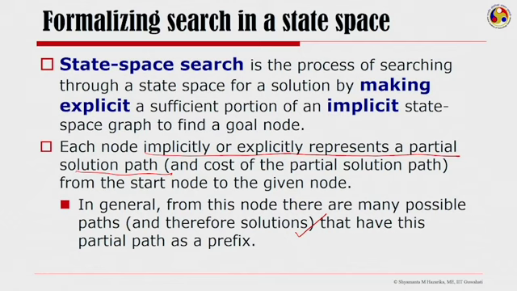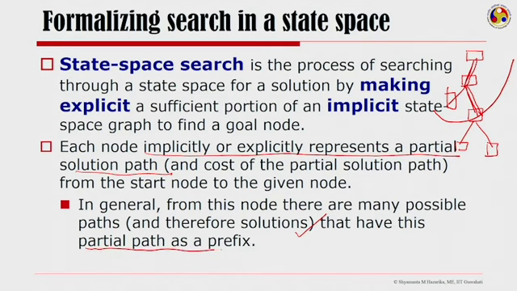So, basically when I am doing such exploration in a directed graph, I have come up to this point and then I keep on expanding beyond. But one needs to remember that whatever I have expanded up to this point still forms part of the path, so the partial path is still there as a prefix for me. Beyond this there would be many alternate paths, but if somewhere the goal lies below this node, then up to here this is the partial path that is included already.